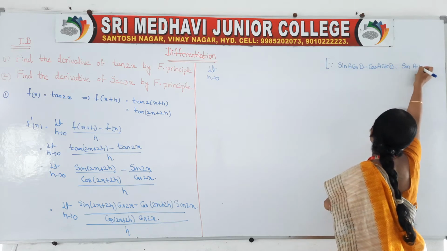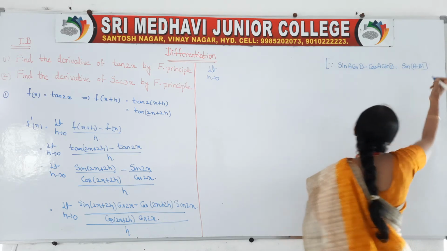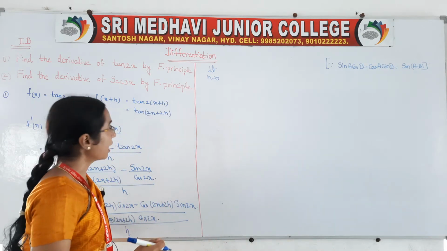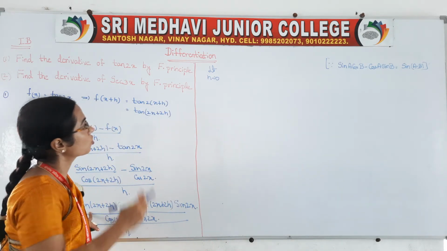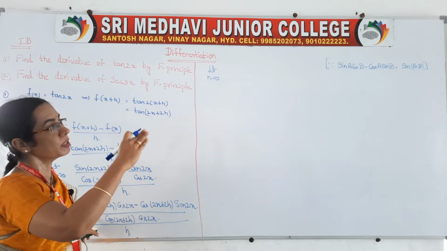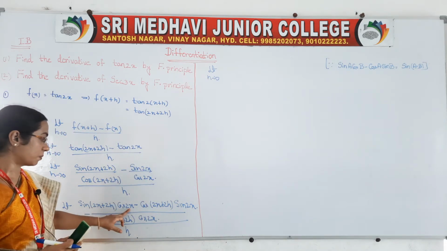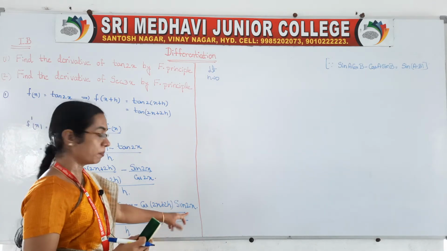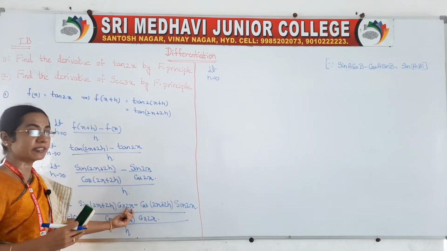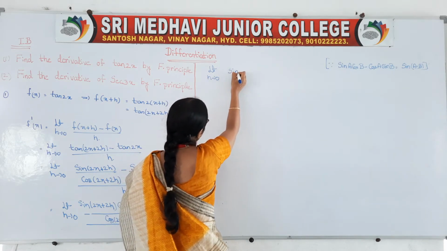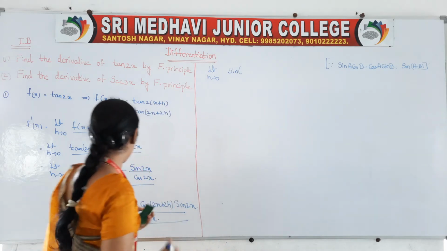By trigonometry we have that formula. So we can write this as limit h tends to 0, considering this as a and this as b, sin(a minus b).